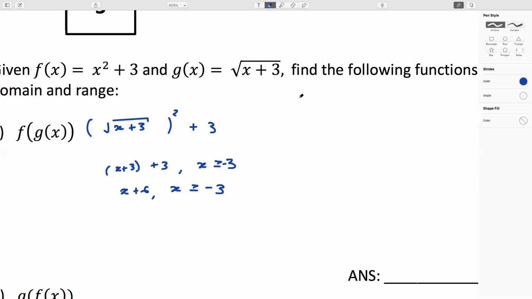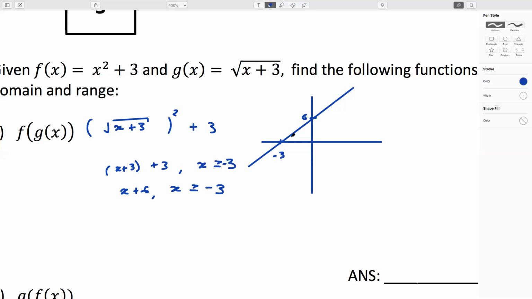And the last thing you're going to want to do is sketch it to find the range. We probably don't need Desmos for this one. It had a y-intercept of 6 and a slope of 1. So it should look something like this. And the values below -3 don't exist.